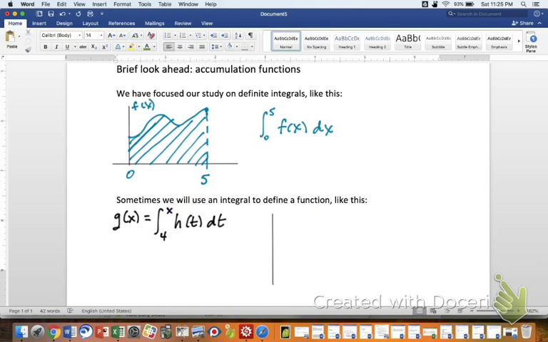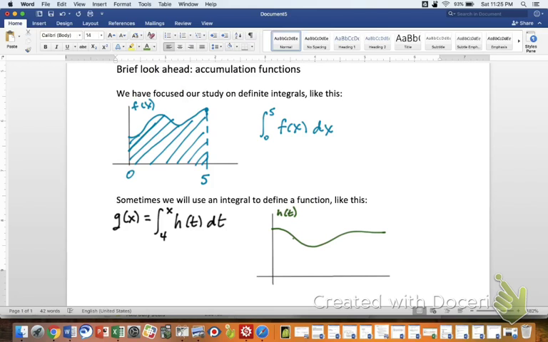Maybe I would have a graph of h of t, and maybe h of t does something like that.